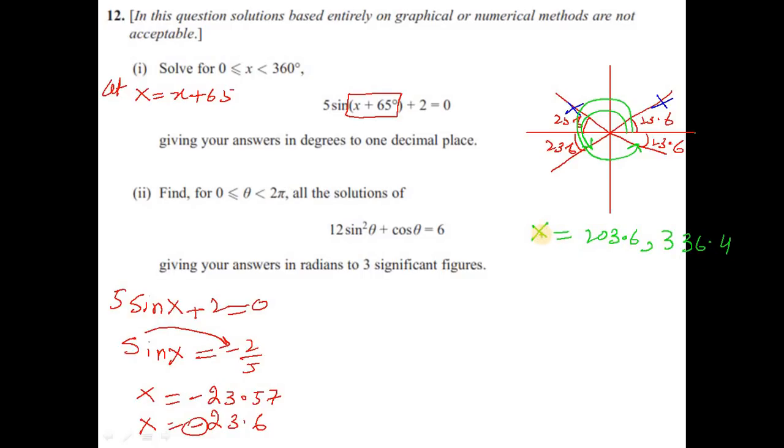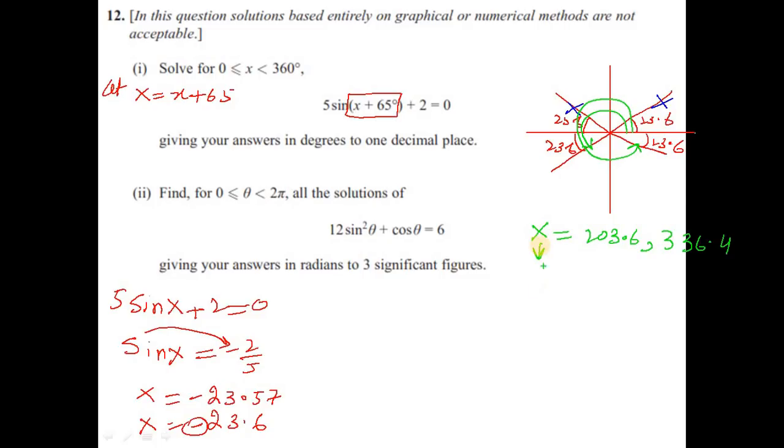But capital X is the variable that I introduced. The original variable was small x, so I need to replace capital X with small x. That means I need to subtract 65 from these angles.